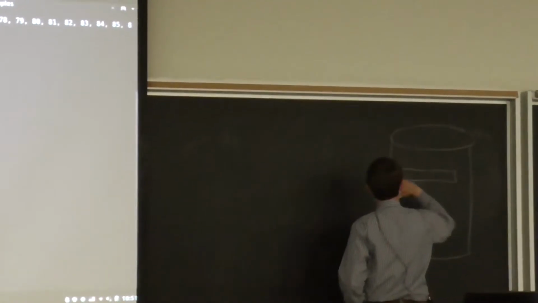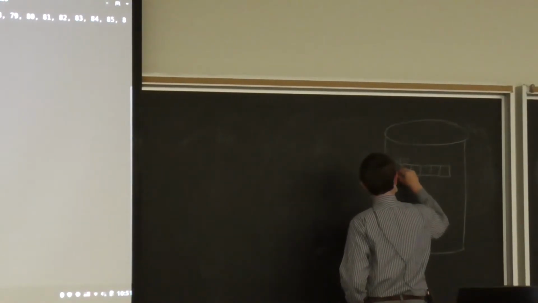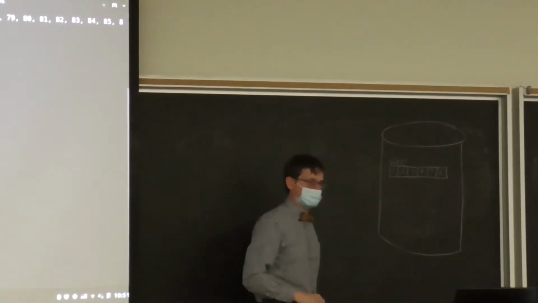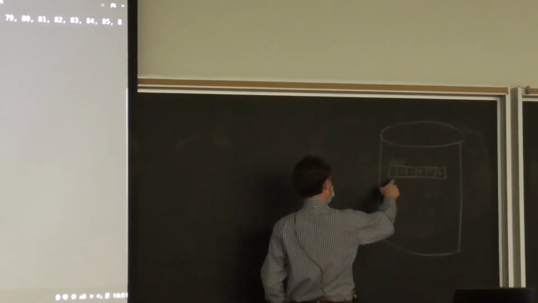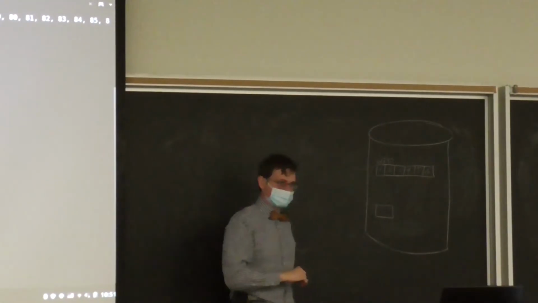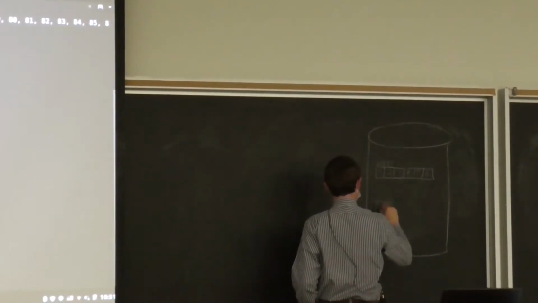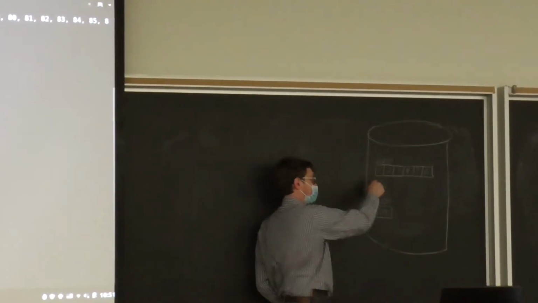Let's say we have at address 6000 a sequence of numbers 1, 2, 3, 4, 5, 6. This is our data structure. In another location in memory, let's say memory location 8000, we will have the address of the beginning of the array.